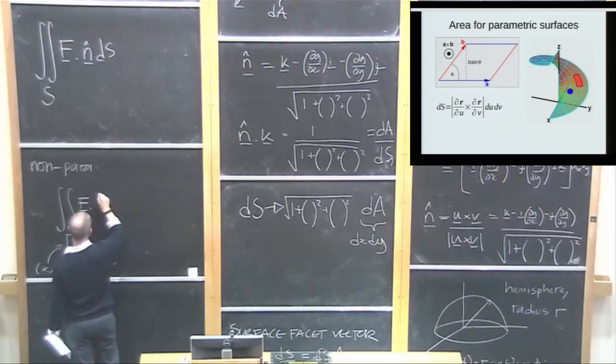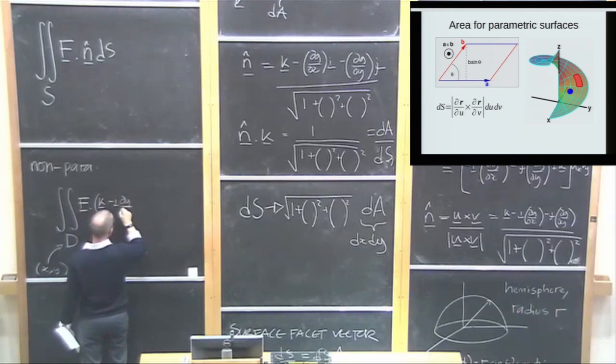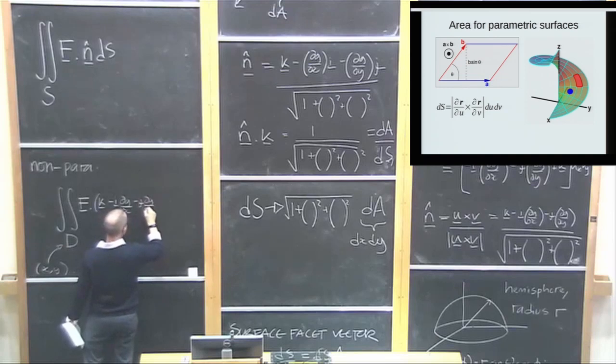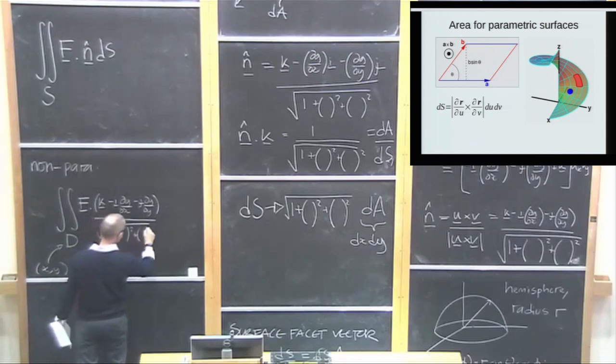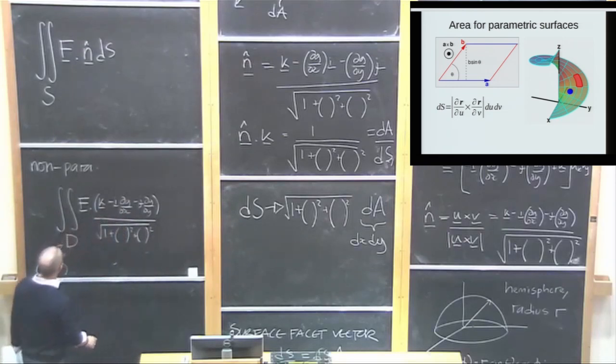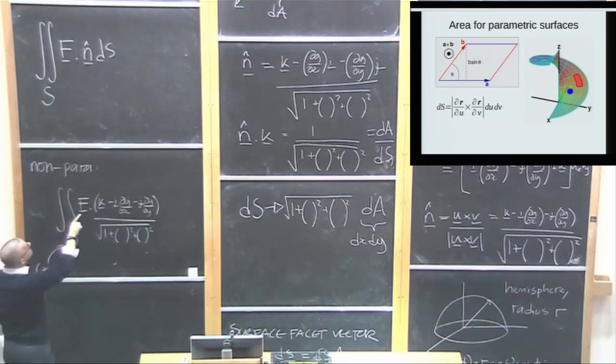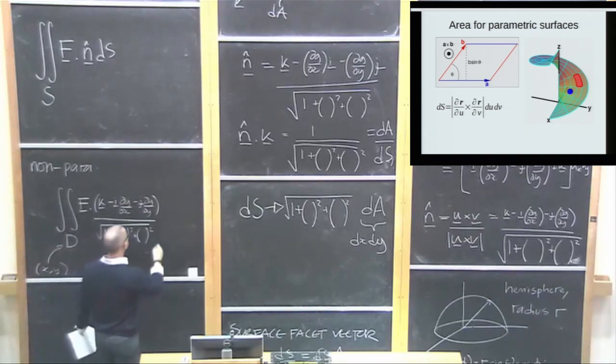My unit normal at that point, as we've now done repeatedly, is k minus i dg/dx minus j dg/dy, all divided by the square root of 1 plus those squared. But I also want to replace dS, which is my unit area on my surface in 3 dimensions, with dA, which is my unit area projected down onto the xy plane.